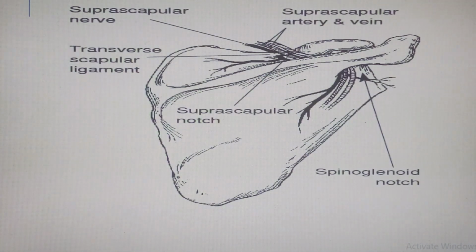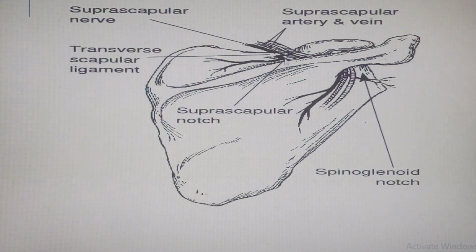But at the end of the day, they will run on. Now there's a glenoid cavity and there's the spine of the scapula, so there's also a notch over here, which we call the spinoglenoidal notch. This spinoglenoidal notch will provide accommodation, or a transit point, for both the suprascapular nerve and vessels.